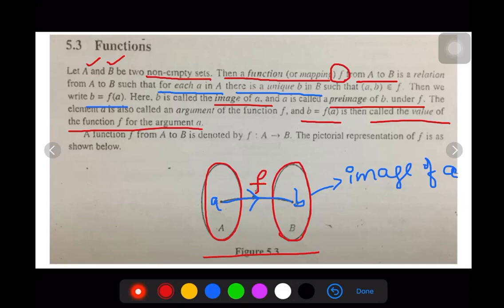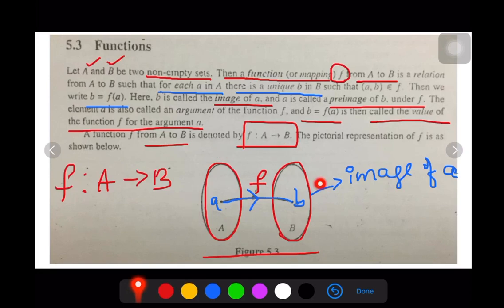A function F from A to B is denoted by F colon A to B. That is how we read it: function F from A to B. The pictorial representation is of this form.